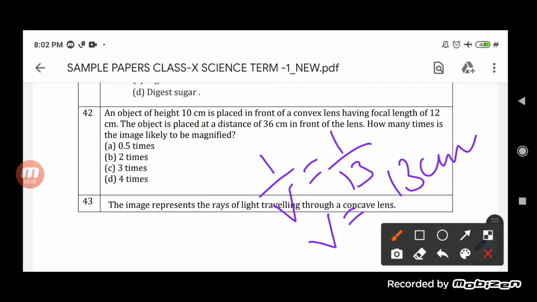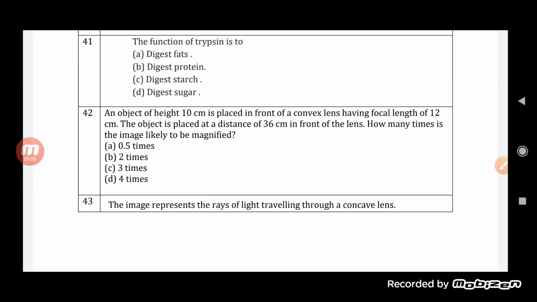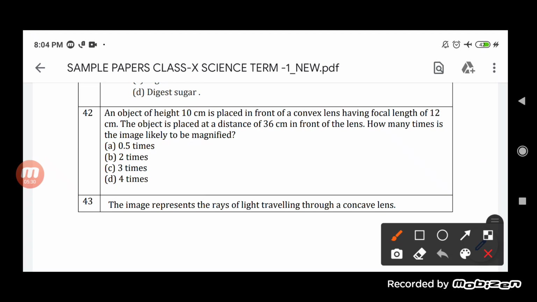Now we have to find how much it gets magnified, students. For that, we know that magnification is equal to v upon u. Magnification is equal to minus v upon u.